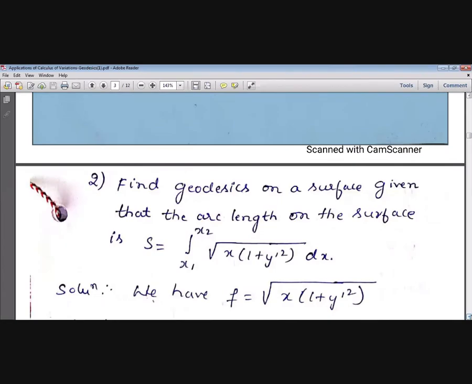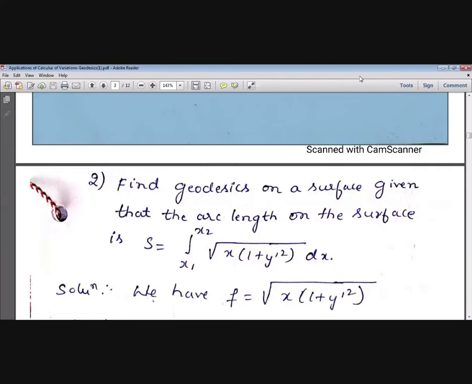Find the geodesic on a surface given that the arc length on the surface is s equal to the integration from x1 to x2 of root of x into 1 plus y dash square dx. Geodesic on a surface they are asking.